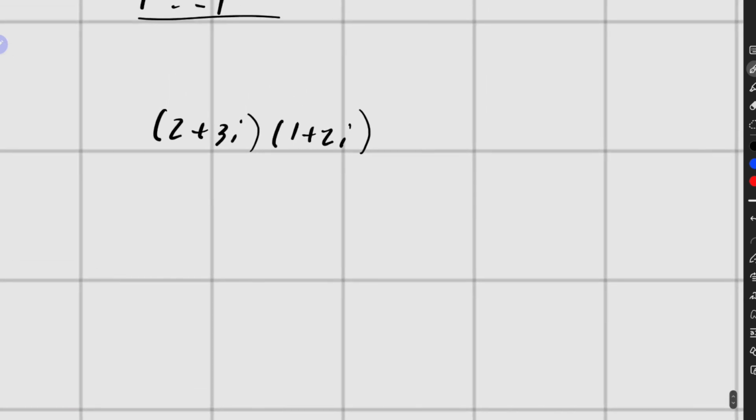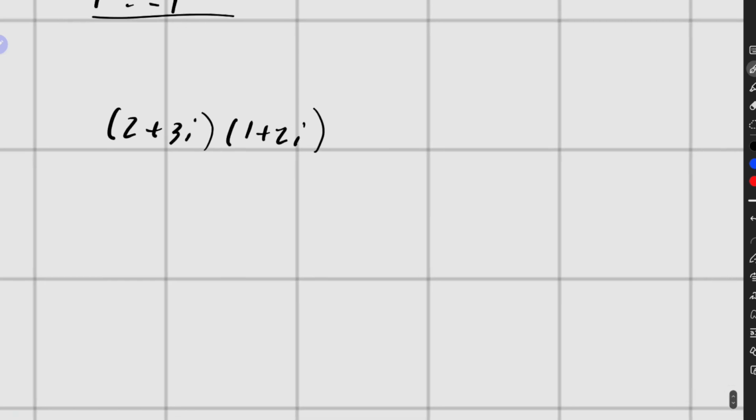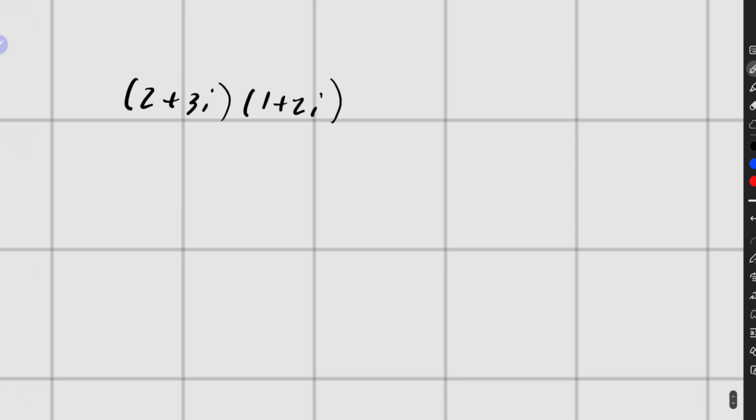Alright, I'm assuming that you have already learned algebra and you know the FOIL method or whatever method that you would like to use to expand these brackets. Doing complex numbers, I'd assume you already know how to do this, but I'll go through it. So to do the FOIL method on expanding brackets, you're going to take your first term. In this case, you're going to have 2 times 1.